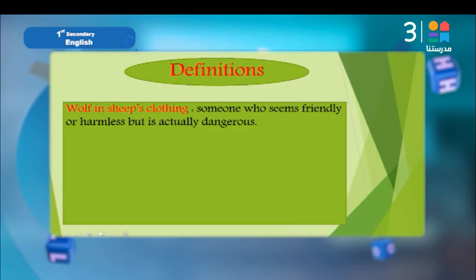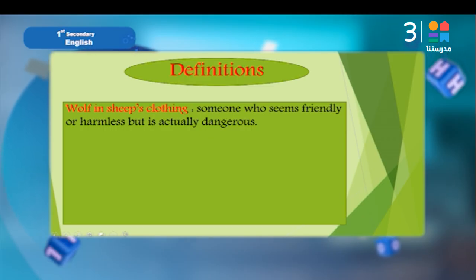Okay. After we have known all this vocabulary in Arabic, and we knew the family root of each word, and we knew the synonyms and antonyms of each of these words, now let's try to know their definitions in English but not in Arabic.